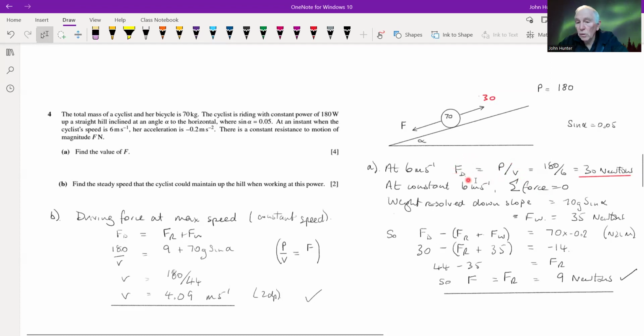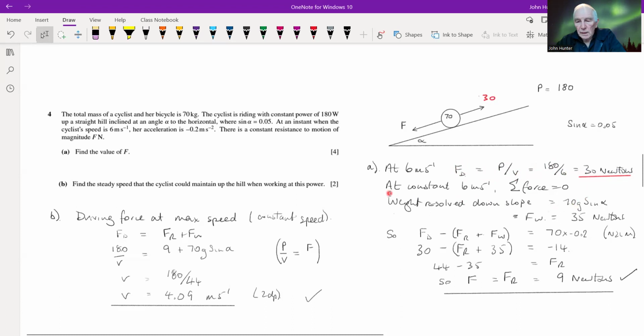So that force is going to be equal to the power of 180 watts divided by 6 meters per second, giving us 30 newtons. That is the driving force of the cyclist up this incline.